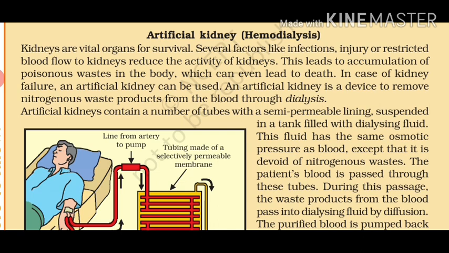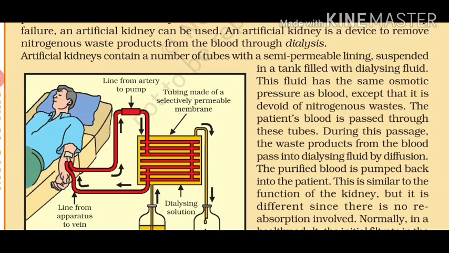Artificial kidneys contain a number of tubes with semi-permeable lining, which is suspended in a tank filled with dialysing fluid. This fluid has same osmotic pressure as blood, except it is devoid of nitrogenous waste. The patient's blood is passed through these tubes.